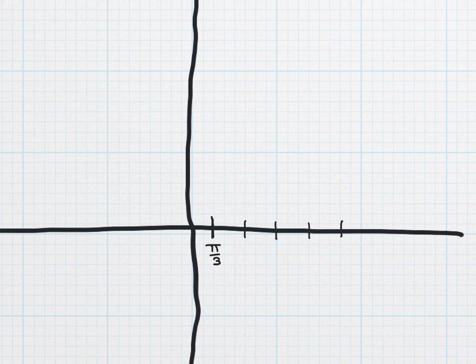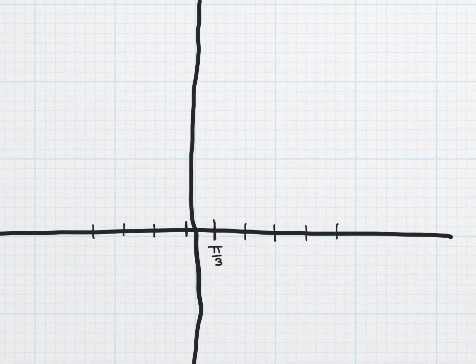So I need 4 additional points to the right of my starting point and 4 to the left. Now, if each square is going to be 30 degrees, to make a separation of 90 degrees, my next marking is going to be right over here with just 1 square. So then here, again, 90 degrees. So I'm going to break it into 3 little boxes. So again, I want 4 points to the left as well.